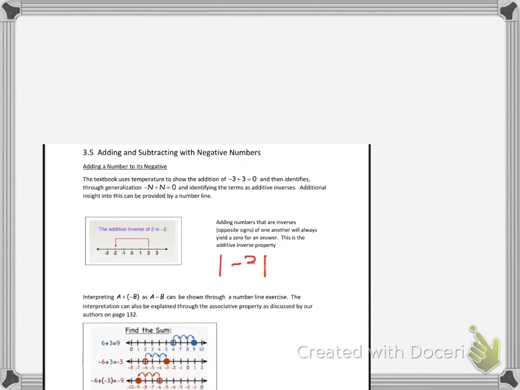So the absolute value of negative 3 is 3, because absolute value is telling you the distance from 0. So the absolute value concept feeds nicely into the additive inverse concept. So just things to be aware of as you're teaching. You are building the foundation for further thinking when they become high school students and beyond.